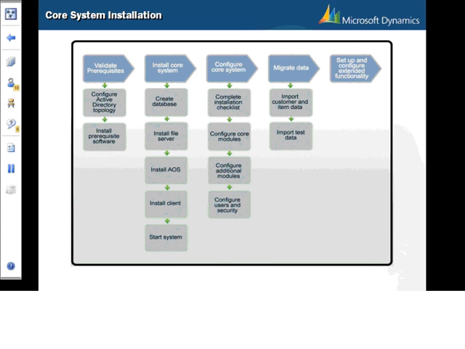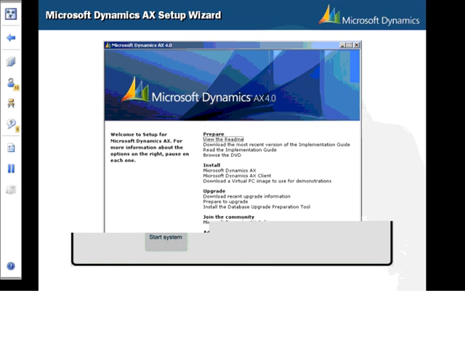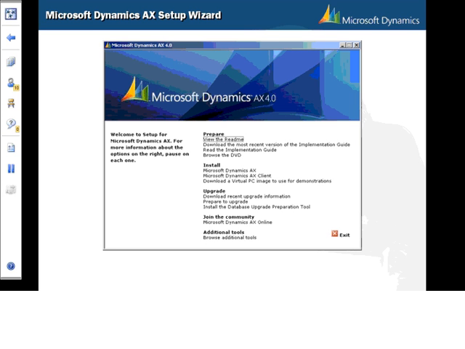So let's go through the steps that are used during the single computer installation of Microsoft Dynamics AX. So the first step is to insert the Microsoft Dynamics AX DVD into the computer DVD drive. If the Microsoft Dynamics AX setup wizard does not start automatically, you need to find the auto-run file and double-click on it.